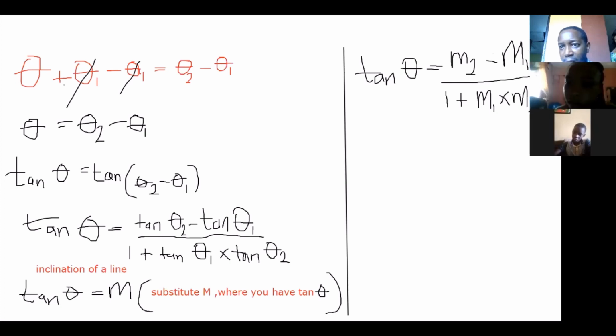This is the formula we will now use to find the angle between two lines.